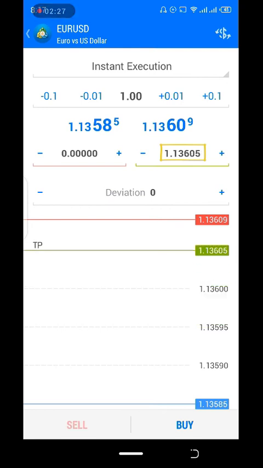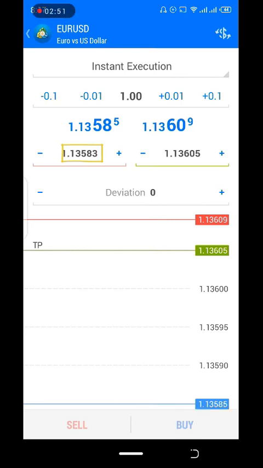That is to say, if price rises to 1.13605, you're going to have $10, for example. So if price moves against you, which is stop loss, you are willing to only lose $10.